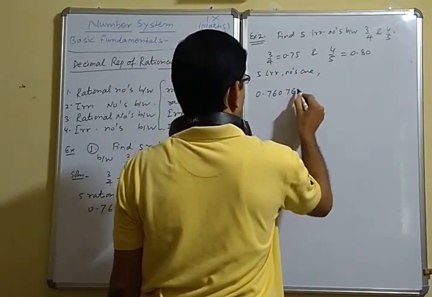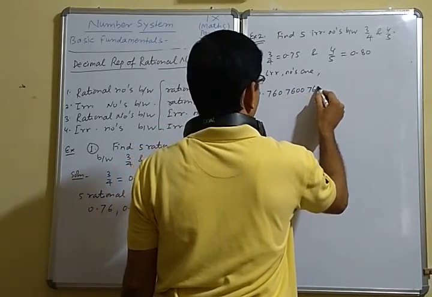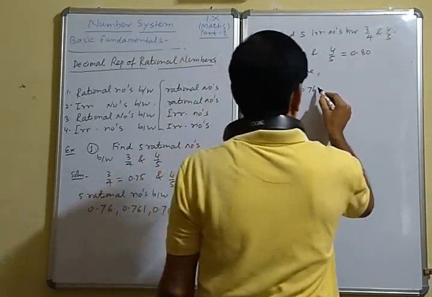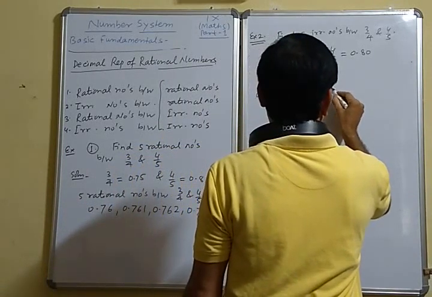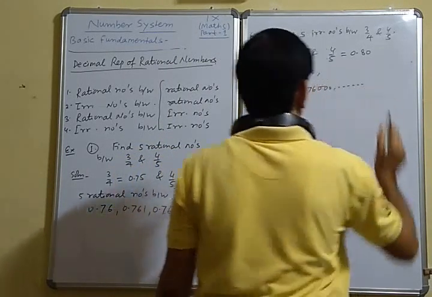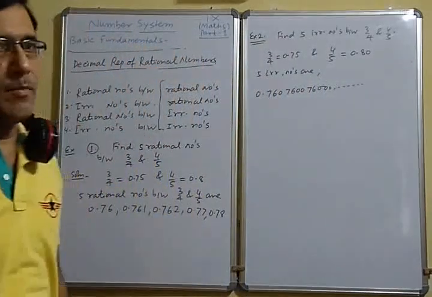The five irrational numbers are 0.76, 0.7600, 0.76000, and so on. This is the first number.